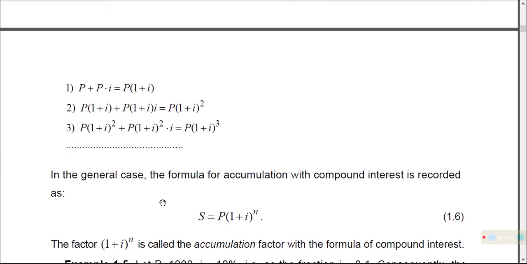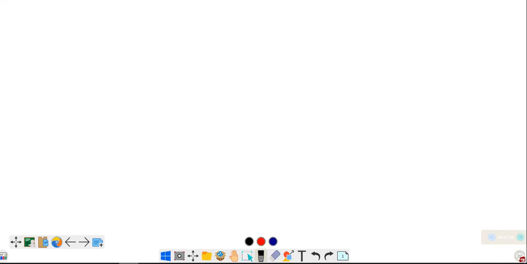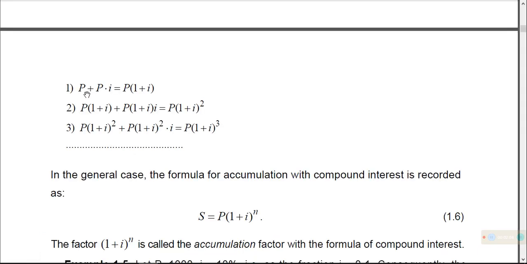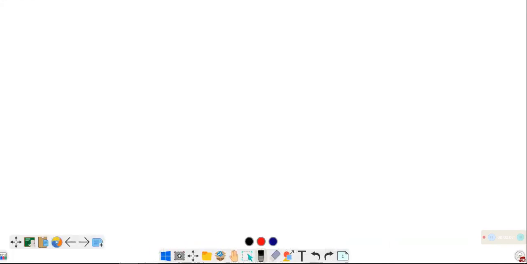Katulad nga nung sabi ko kanina, when we are talking about simple interest, ang ginagawa lang natin, the total interest. Ayaw niyang sumulat.